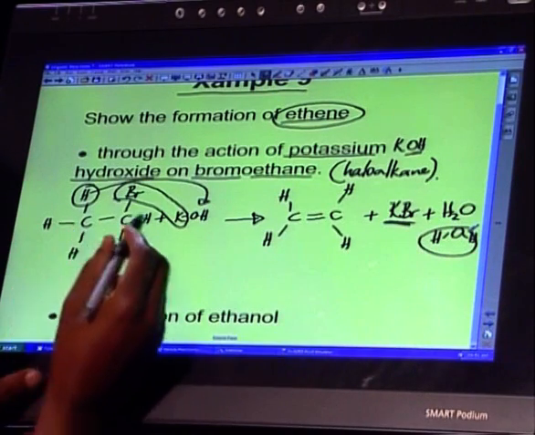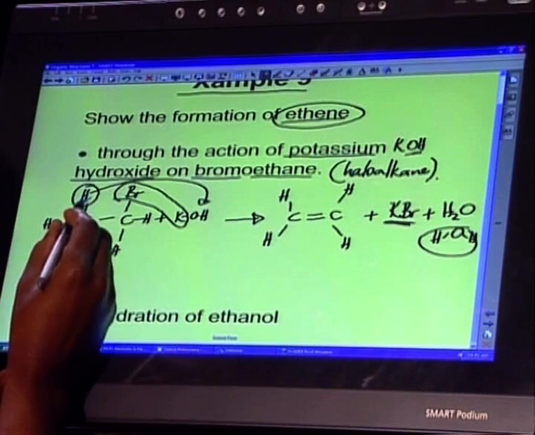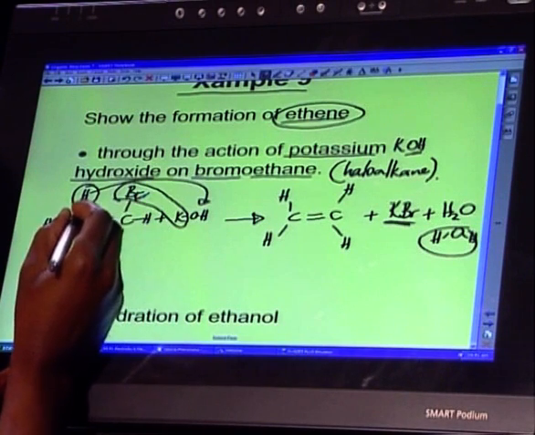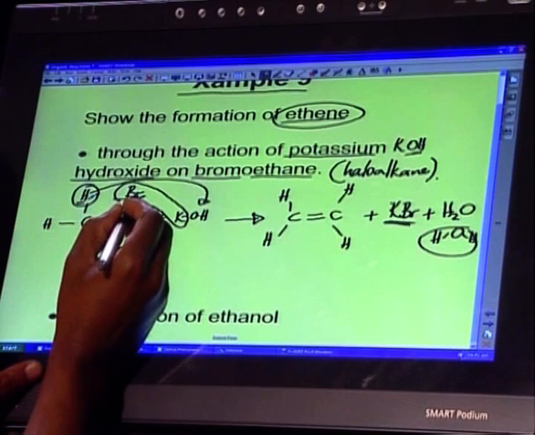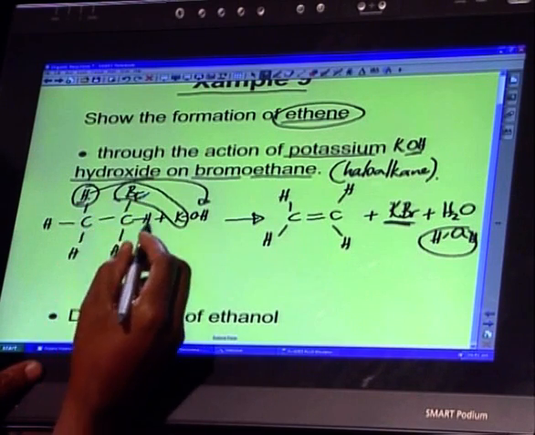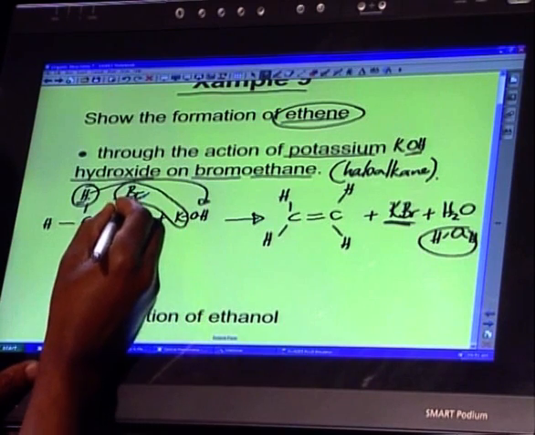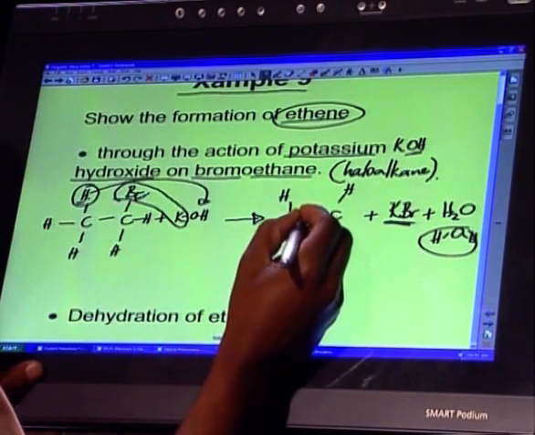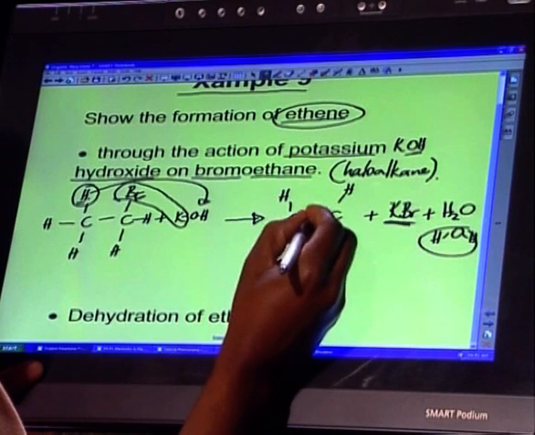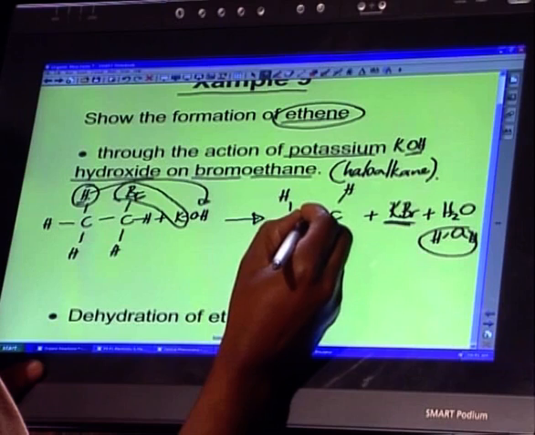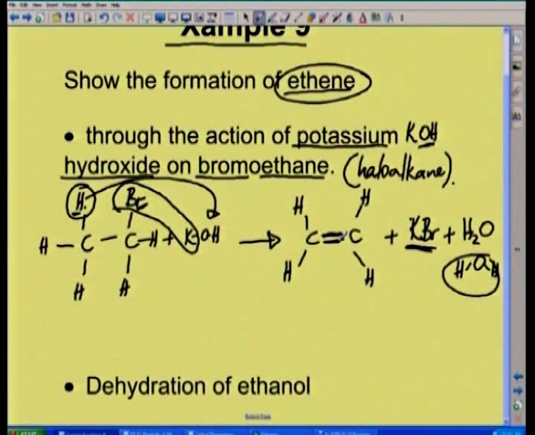Now, if I have removed that H and that Br, okay, these two bonds are now available. So what happens is that the two bonds come together down onto the carbon, between the carbon atoms, and give me the double bond there.